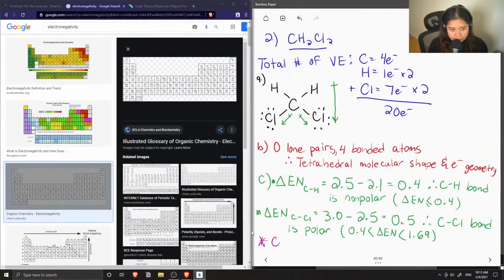So therefore CH2Cl2 is a polar molecule since we have an overall non-zero dipole moment.